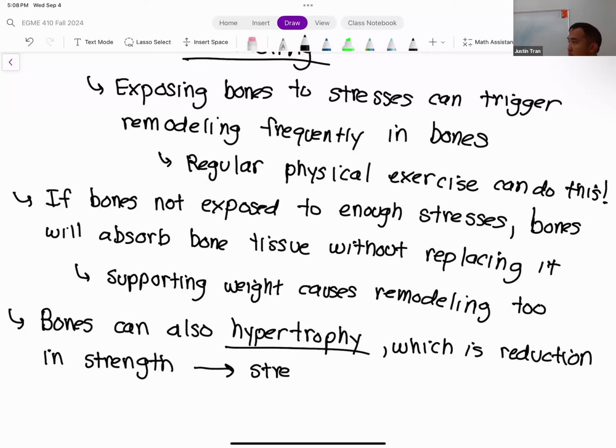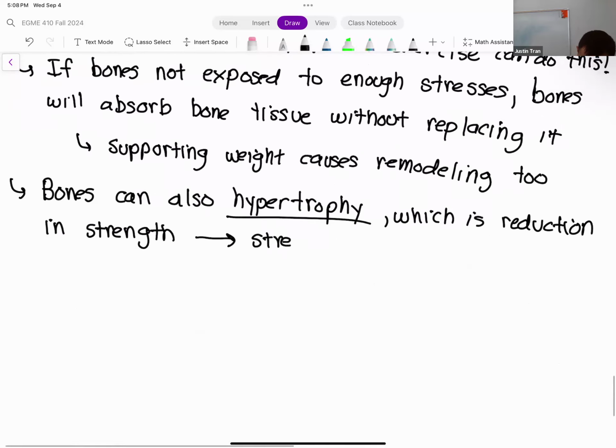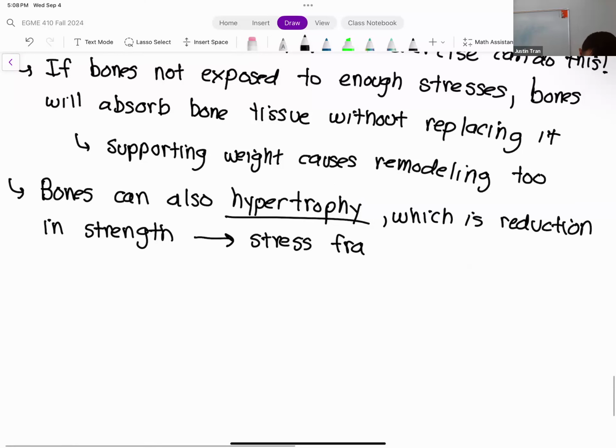Question, yes. So I just found this interesting, right? Because in the fitness industry in general, hypertrophy refers to a gain in strength and muscle, whereas atrophy would be the opposite of that. Is there not a term for atrophy in bones? You were right. I skipped a page in my notes. You're absolutely right. So hypertrophy is an excessive growth. I'm talking about this phenomenon of overuse and fatigue, which is a stress fracture. But you're right. Hypertrophy is if you use it too much, then it can grow outwards. Yeah.